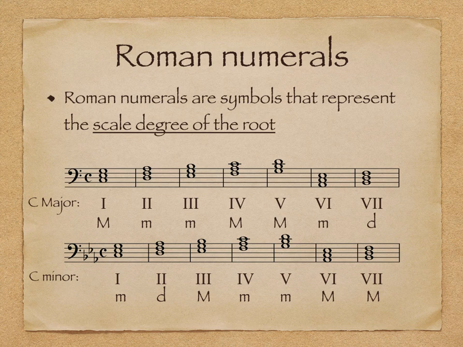Comparing the two, you can see that the major scale has 3 major chords in it built on 1, 4, and 5, which happen to be the primary chords in major. It also has 3 minor chords built on 2, 3, and 6, and 1 diminished quality chord on 7.